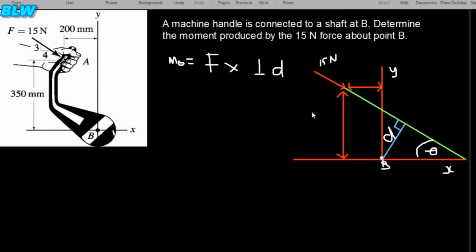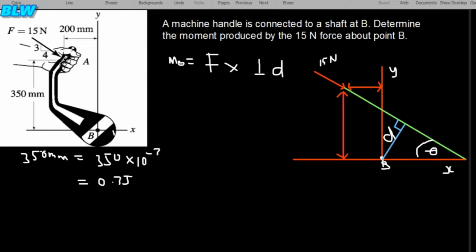How are you going to get this D? You know that from this side to this side is 350. Let's convert this into meters. 350 millimeters will be equal to 350 times 10 to the power minus 3, and this will give me 0.35.